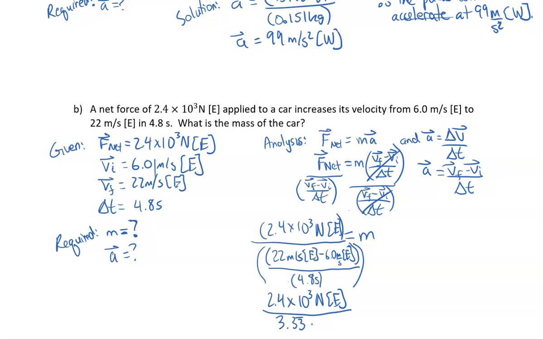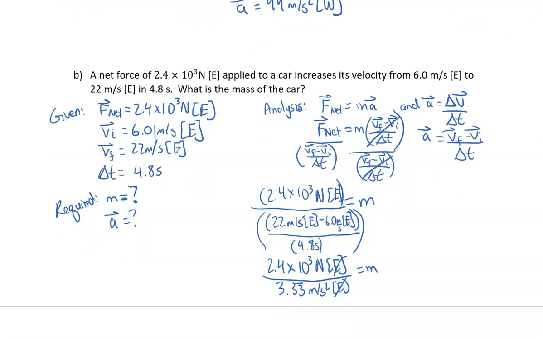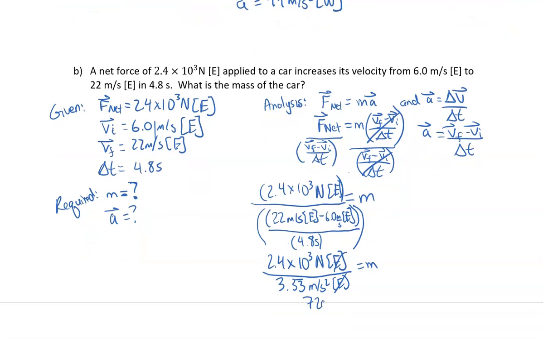So it's meters per second squared east. And so your easts are going to cancel out, and you're going to be left with units of kilograms. So 2.4 times 10 to the 3 divided by 3.33 repeated is 720 kilograms. So the mass of this car is 720 kilograms.